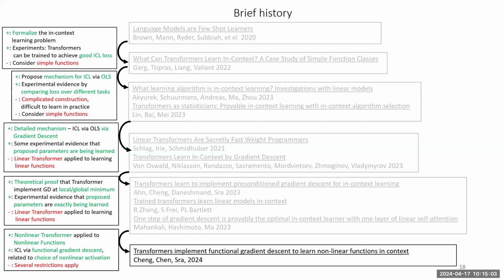The high-level idea here is that we show that each layer of the transformer implements gradient descent in some function space, and the function space is determined by the choice of your nonlinear activation. There are several restrictions, which I won't mention here, but we'll see as I go into the details later. Okay, so that's the history and motivation of what I'm going to talk about.